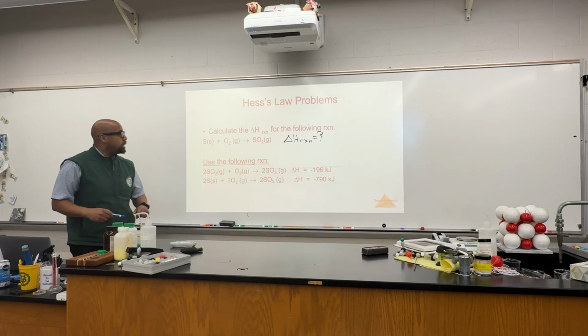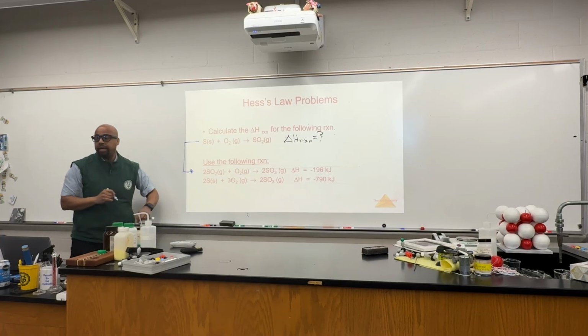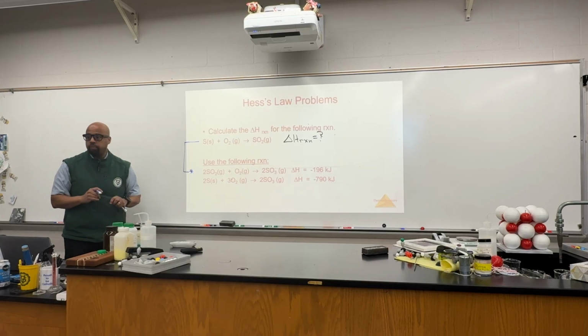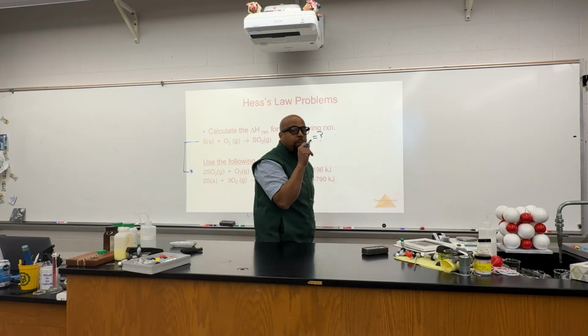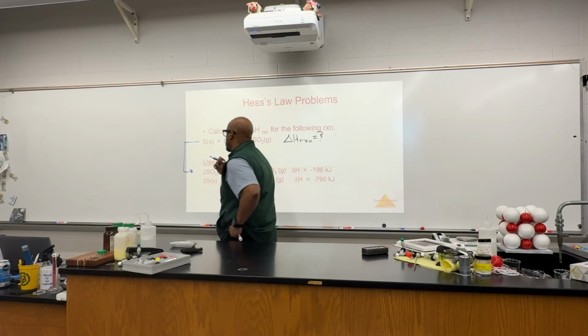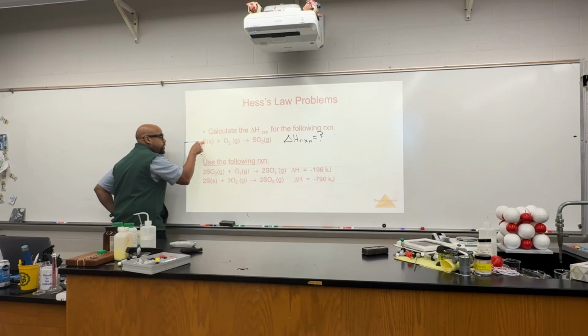So what I'm going to do is go to my first elementary step. I'm going to look at this elementary step right here, and compare this elementary step to this reaction I have right here. I'm just going to compare those two. Now watch what's going to happen here. All I'm looking for is something that this elementary step shares in common with this.